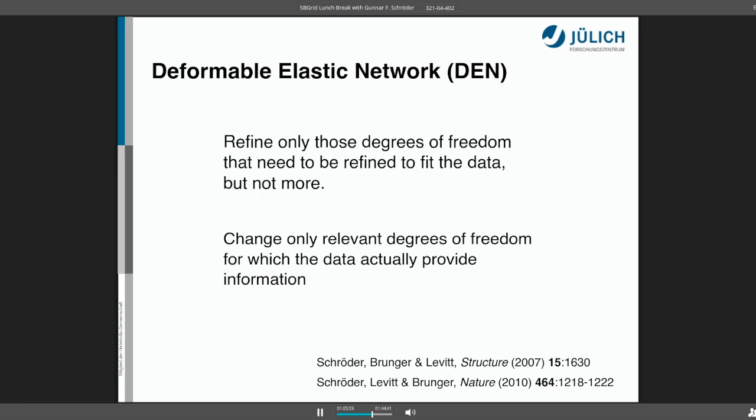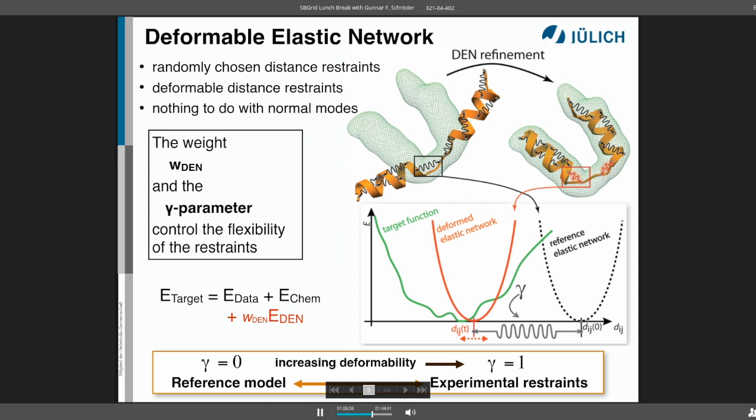I will explain how the deformable elastic network looks. Let's look at the upper right figure where you see the helix and the density map. In the left part, you see the helix doesn't fit the density. Initially, we define a large number of distance restraints in our starting model.